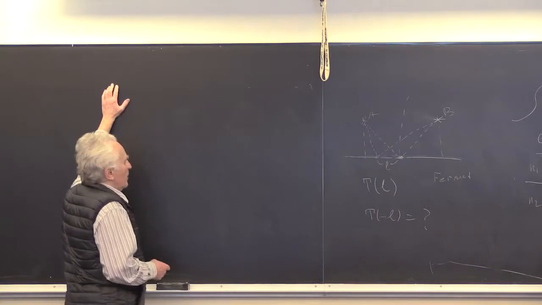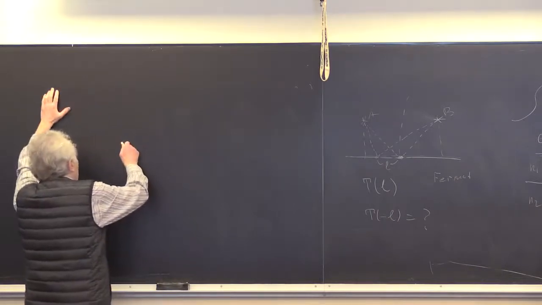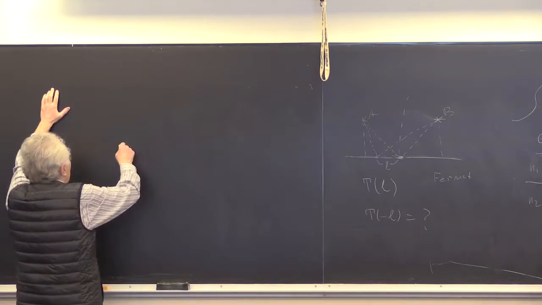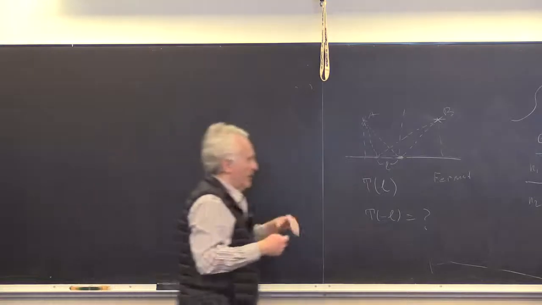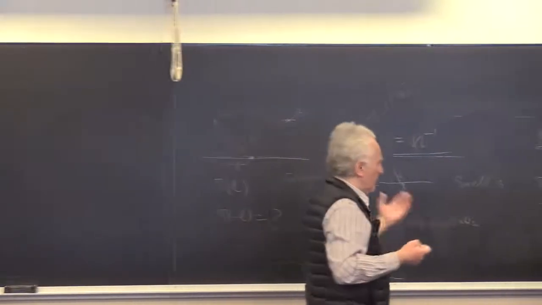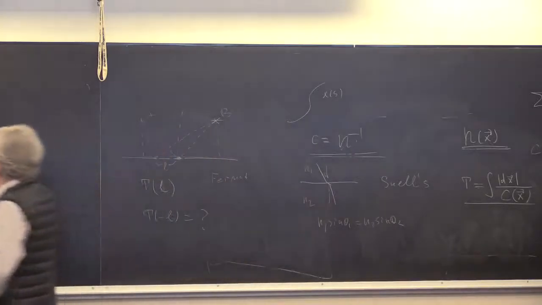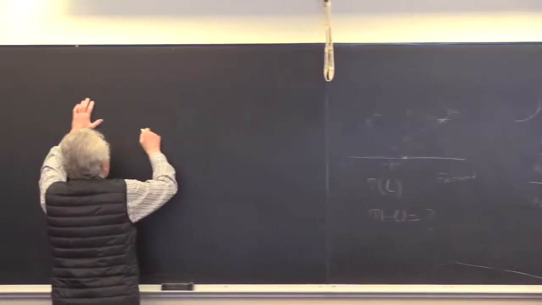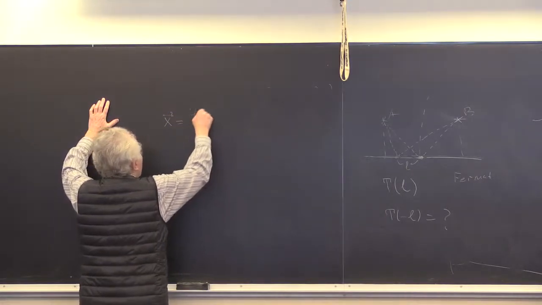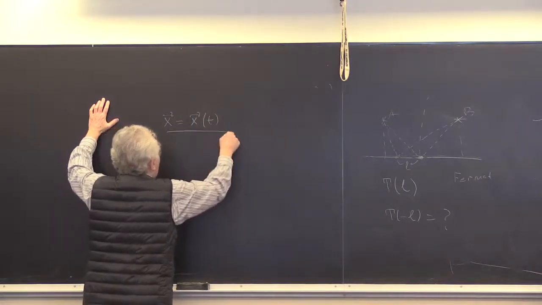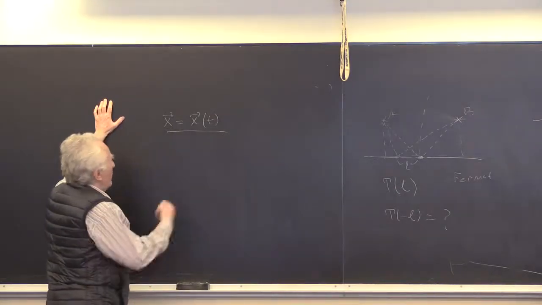Let me first write down the answer, and then we will see. People came to this answer by trial and error. And the answer is that if you consider a trajectory, it's some function of t.